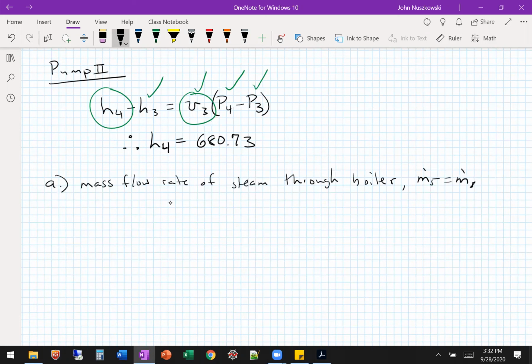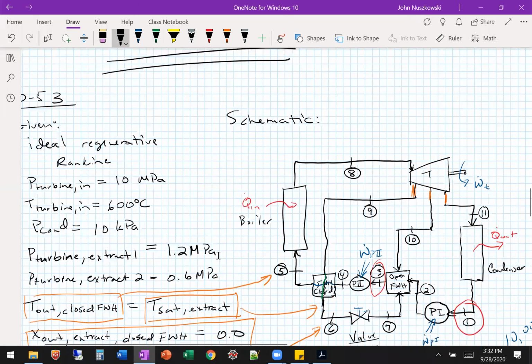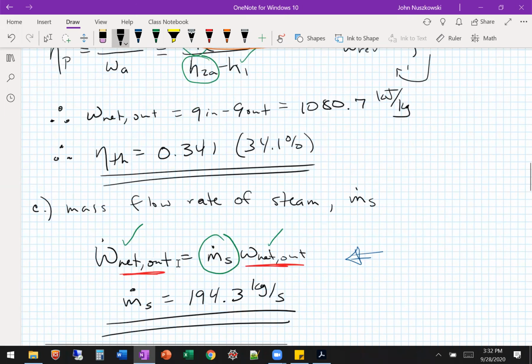The boiler's inlet is 5, the outlet's 8. Okay. Well, work net out, right? That's where we, for the last problem, set up the power net out, mass flow of steam, work net out, okay?